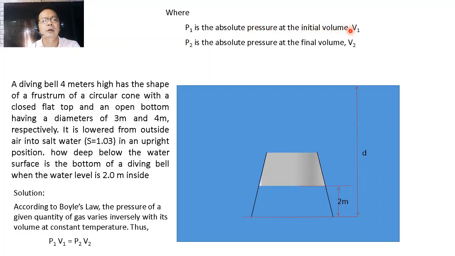While P2 is the pressure when it is already submerged, so that the volume of the air is when there is already 2 meters of water inside the vessel. This becomes our V2, and the pressure would be the pressure inside this vessel.